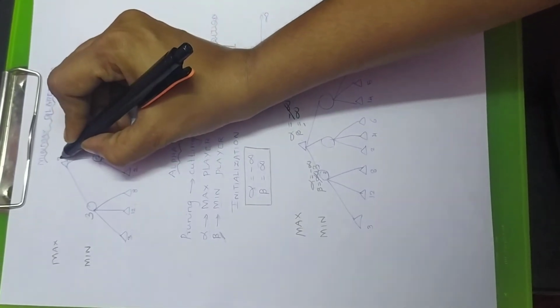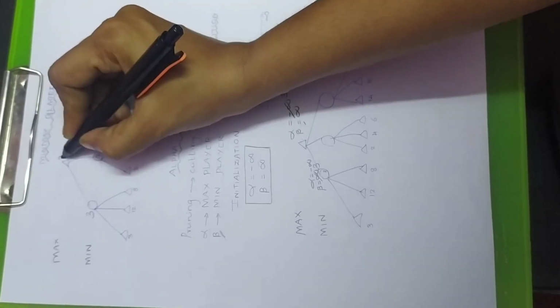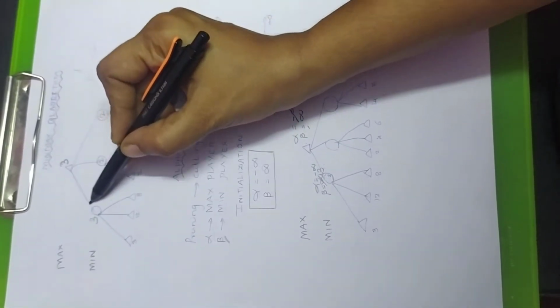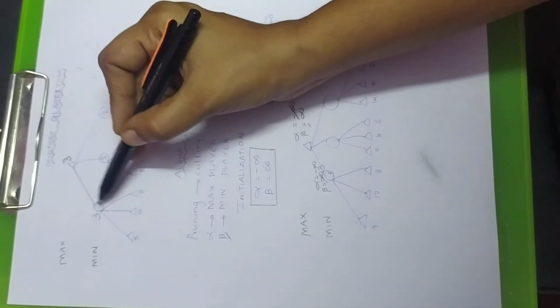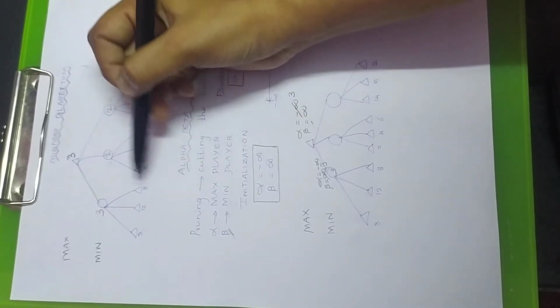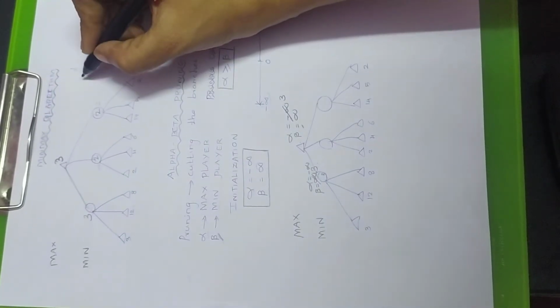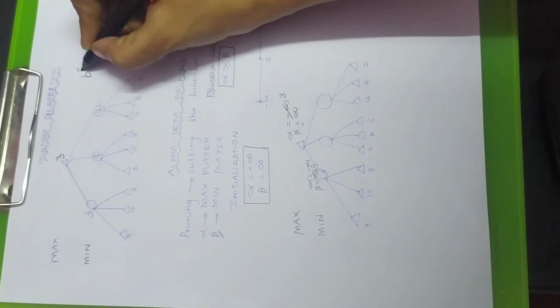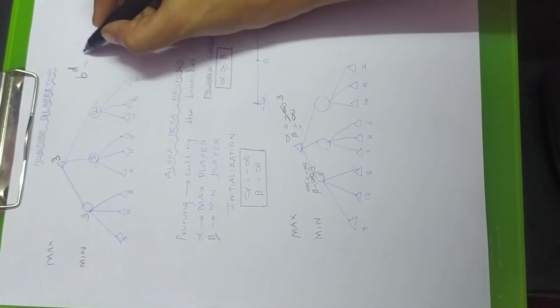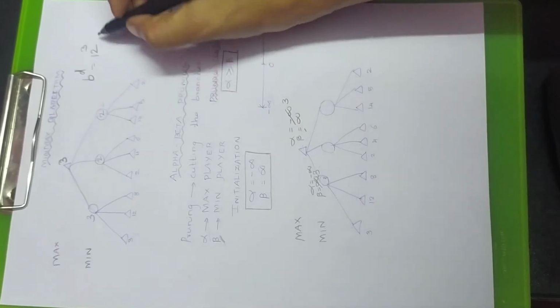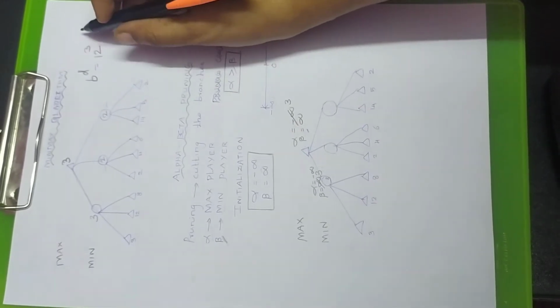Therefore 3 is the maximum value, and that is selected by the max player, who will use this path for traversal to obtain an optimal solution. The min-max algorithm takes b power d searching time, that is, 12 branches and depth 3, therefore the searching time is equivalent to 12 power 3.